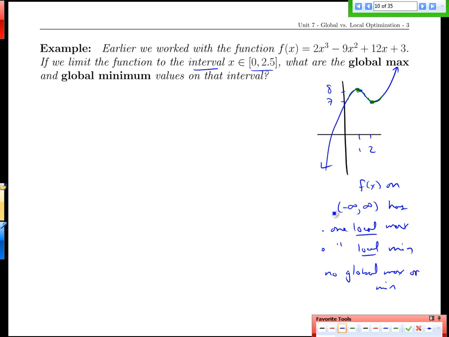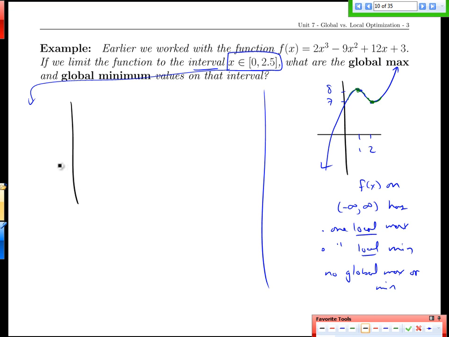That is only if we allow ourselves to use all the x values from minus infinity to infinity, though. If we limit ourselves, so we impose an artificial restriction, it's important to recognize that that's exactly what this is. It's an artificial restriction on the domain.